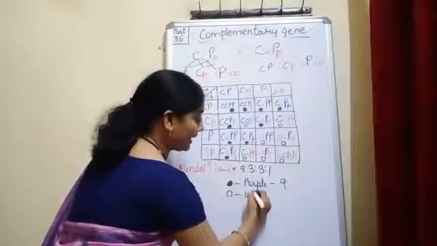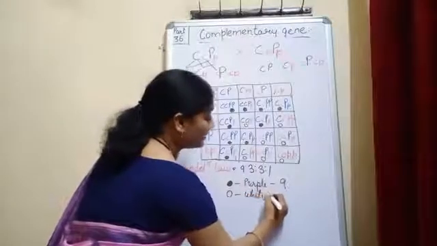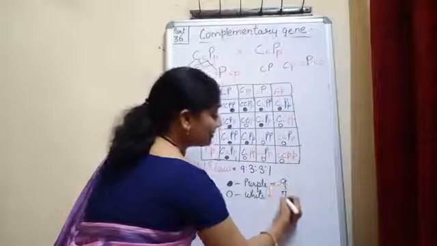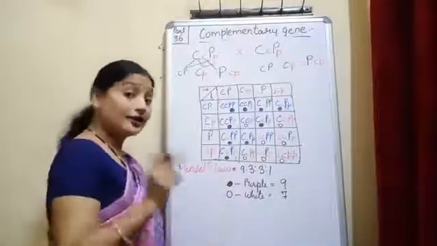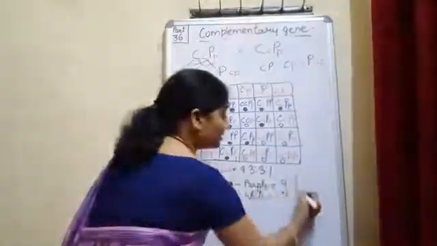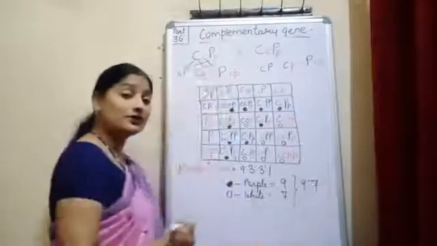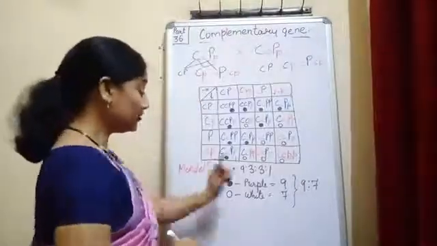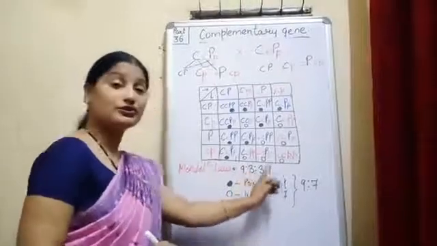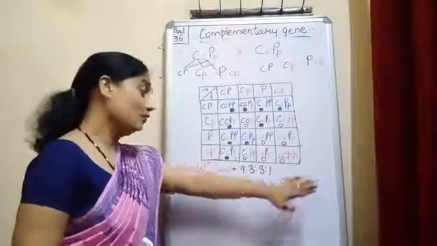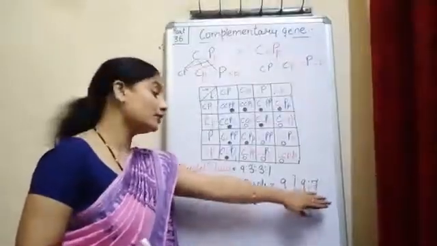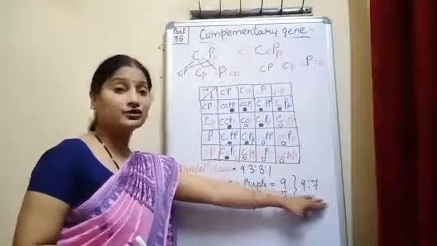So white colored flowers are 7. So what is the ratio? The ratio is 9:7. And what was the Mendel's ratio? It was 9:3:3:1. But what is the modification? The modification of the ratio is 9:7.